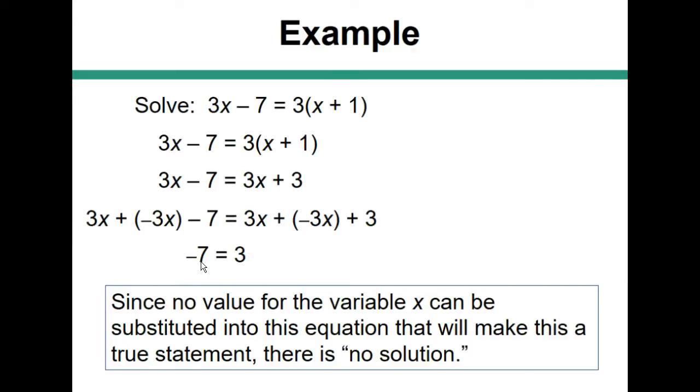It's not truly an equation, because for this there is no solution. And that's what they're stating here. It looks like an equation because of the equal sign, you worked it through, but the x's cancel out. So you're left with negative 7 equals 3. That's not true.